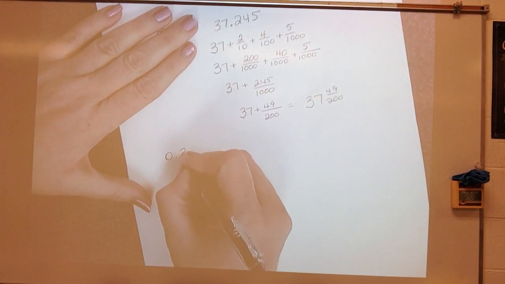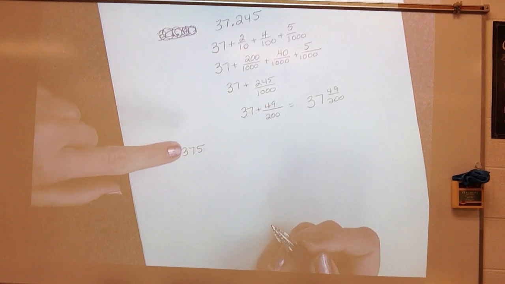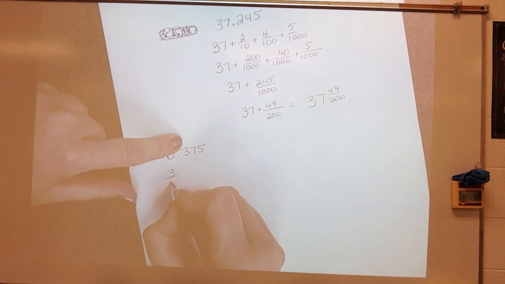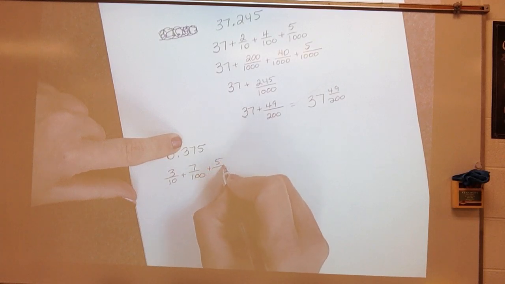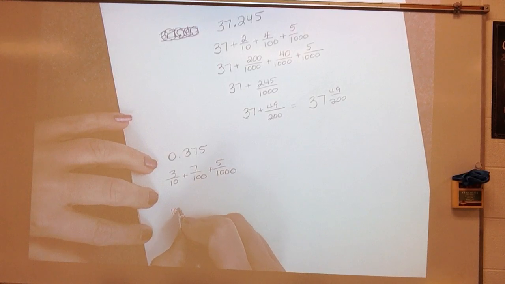Let's go with this decimal. All right? So I don't have any whole numbers. I've got 3 over 10 plus 7 over 100 plus 5 over 1,000. Once again, I need a common denominator.